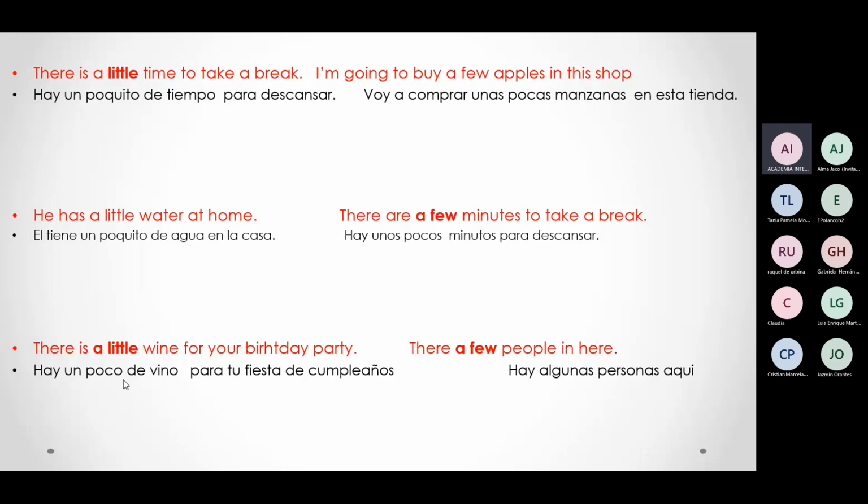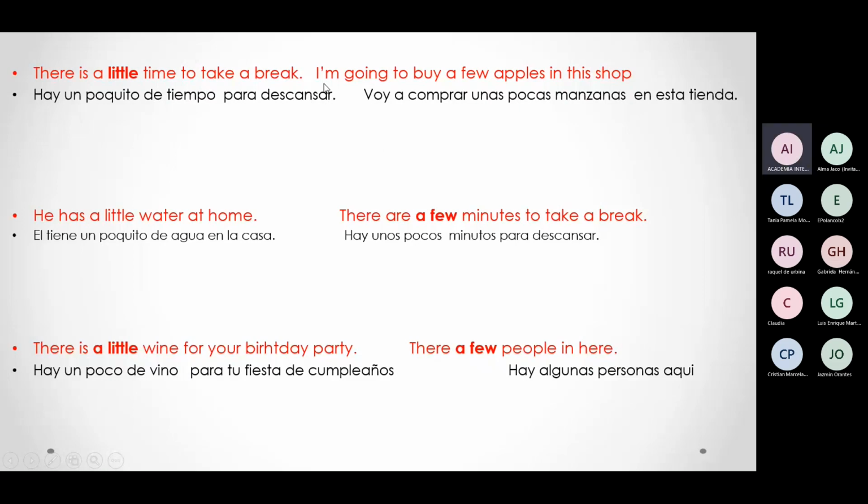What do you think about time? Do you think that we can count time? ¿Podemos contar el tiempo? No. We can count minutes, seconds, and hours, but we cannot count time. En sí la palabrita, ¿verdad? Time. No es como que algo contable.